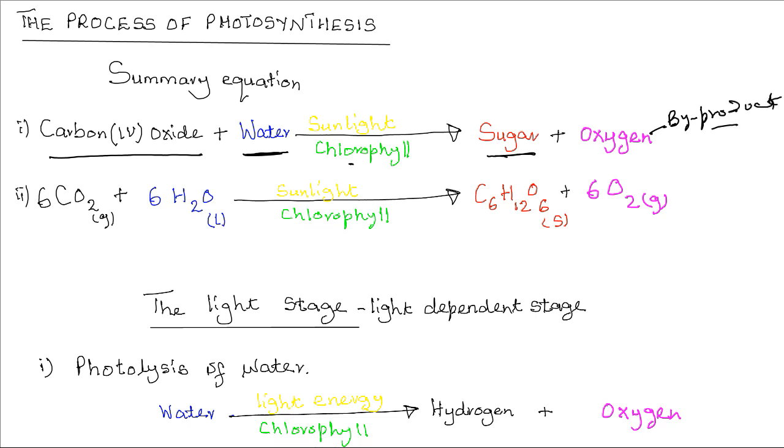Now the byproduct means that it is not the main reason for the reaction. The main product of photosynthesis is the carbohydrate.